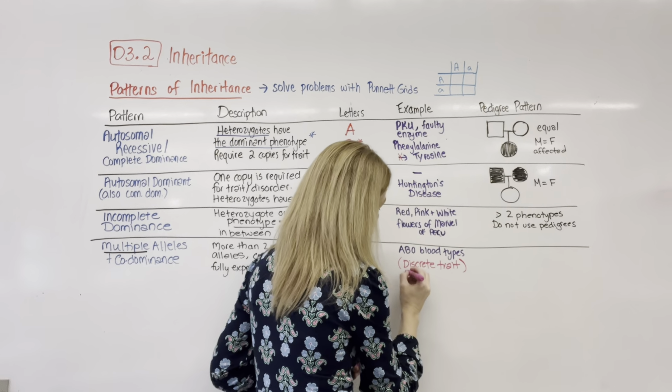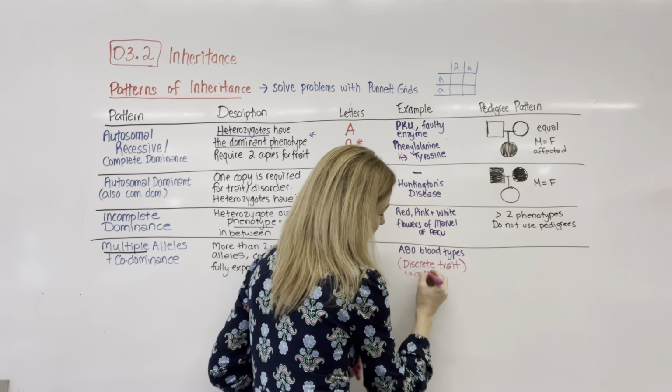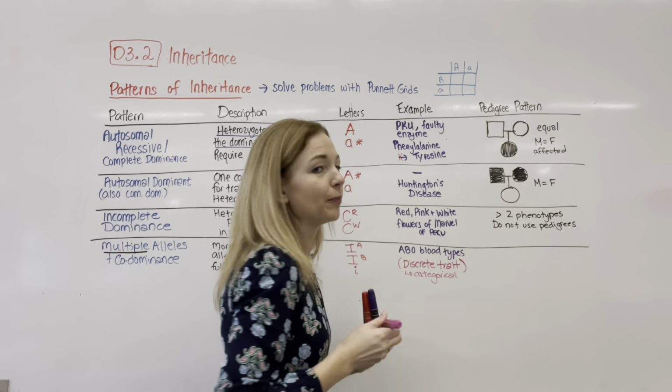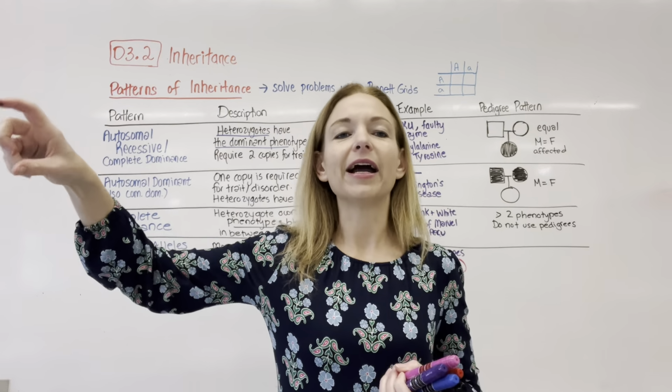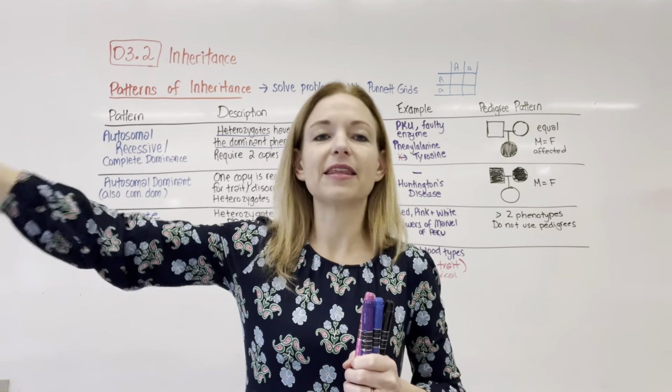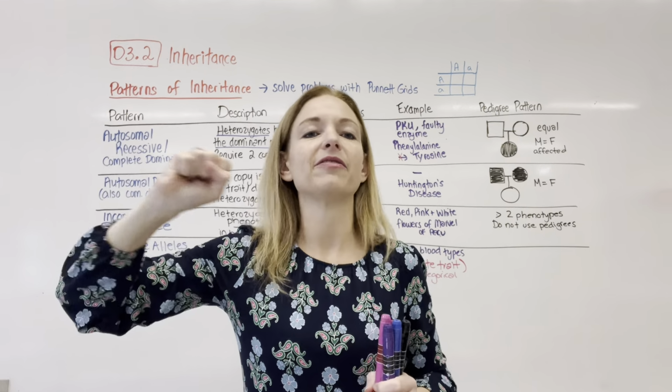So this discrete trait, or another way of looking at it, is categorical. So we could basically take people and divide them into groups. So we can say this many have this, this many have this, this many have that. So it's an example of a categorical kind of trait.